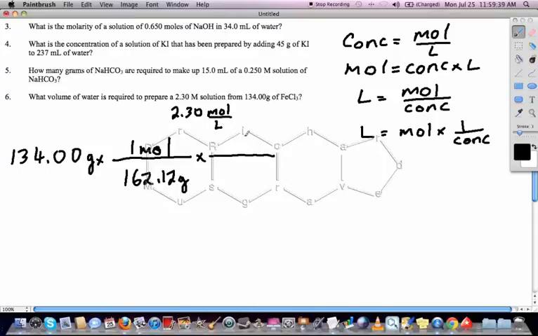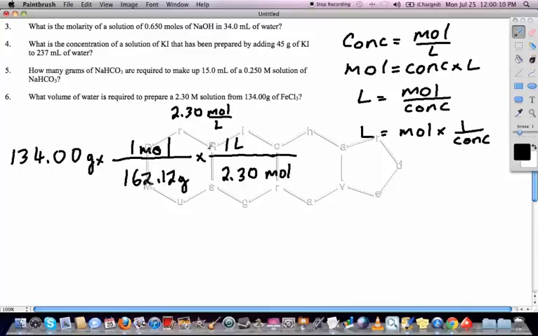The other way of looking at this though, if we're taking the moles and dividing by the concentration, we're essentially multiplying by the inverse of this, which is 1 litre over 2.30 moles. Now remember that the fact that we've got a line here and we're doing the times indicates there's a relationship between these two. There's 2.30 moles in 1 litre, or 1 litre in 2.30 moles. Both of those mean the same thing.